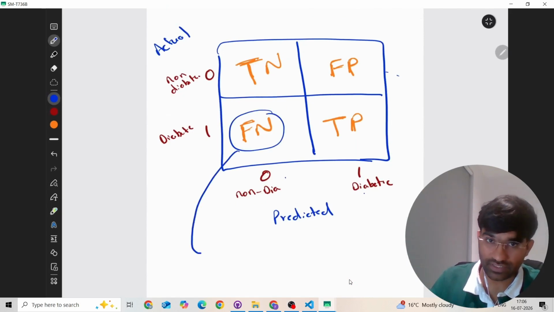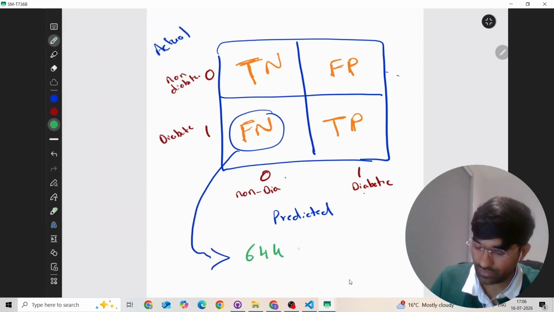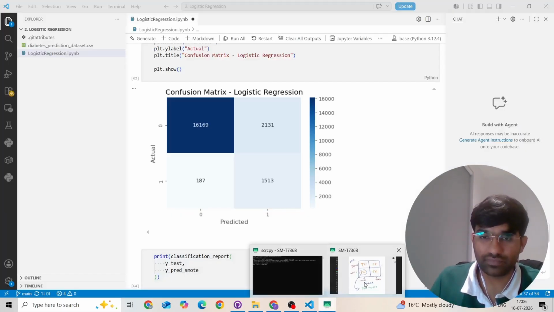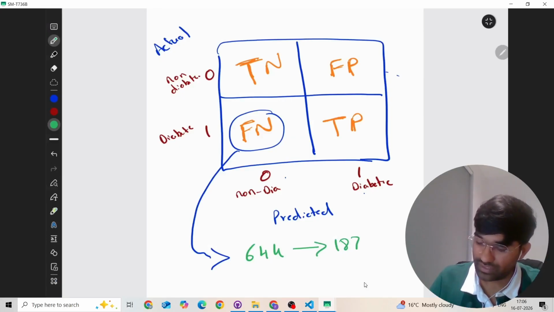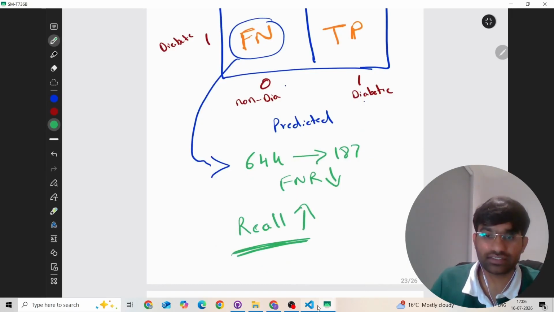It has decreased from 644 to 187. False negative rate has decreased. That means recall accuracy has increased.